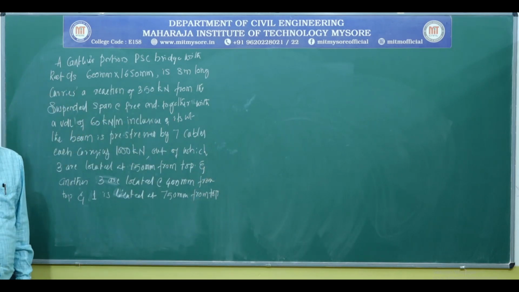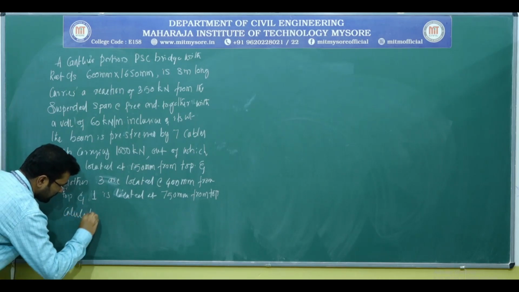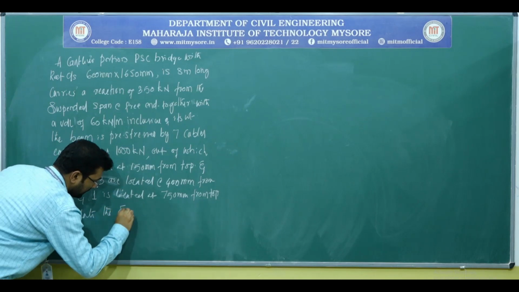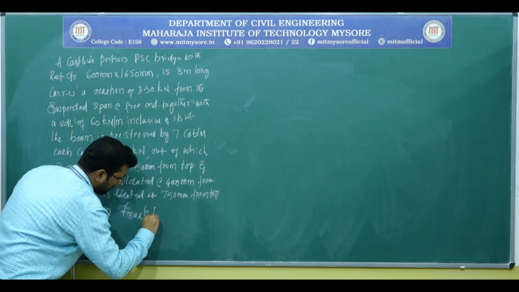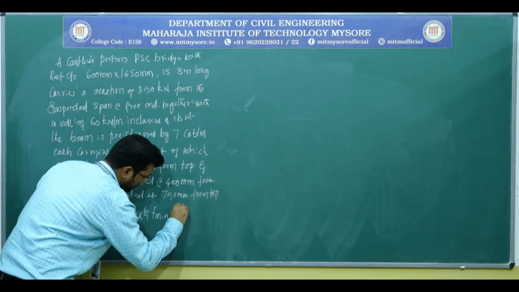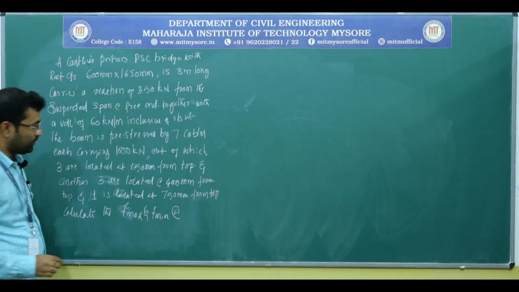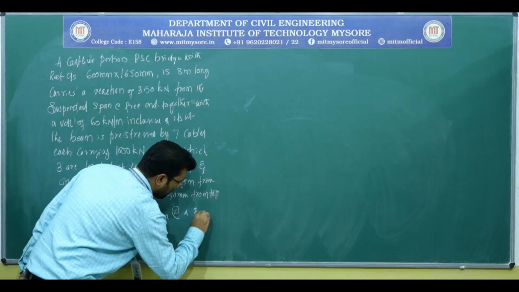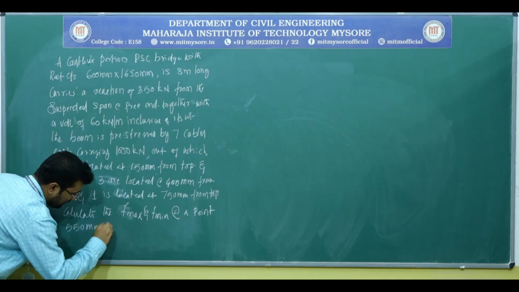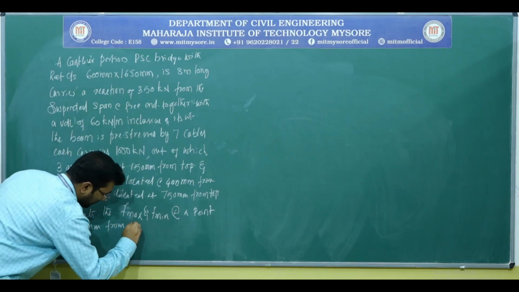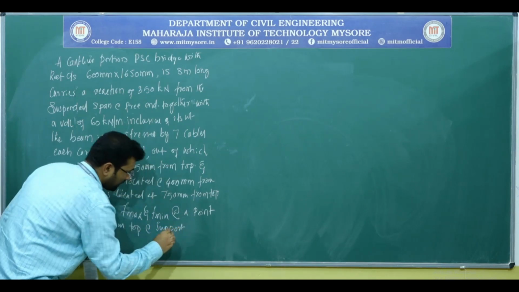So we have to calculate the principal stresses, that is F maximum and F minimum at a point 550 millimeter from top at support section.